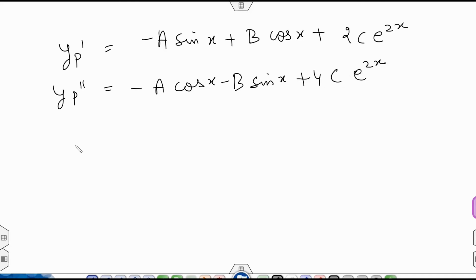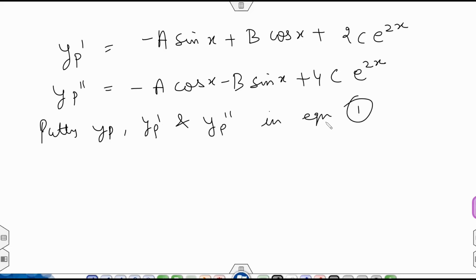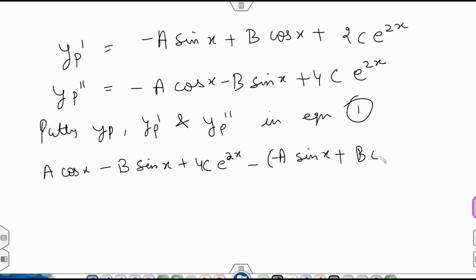Now putting the values of yp dash and yp double dash in equation 1, we get an equation, and then you have to compare the coefficients. So minus a sin x plus b cos x plus 2c e to the power 2x will be equal to cos x plus e to the power 2x.